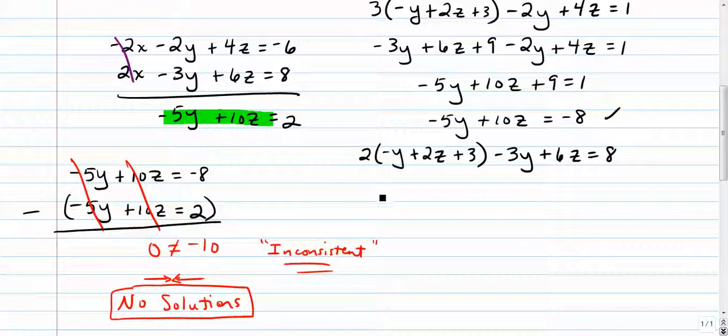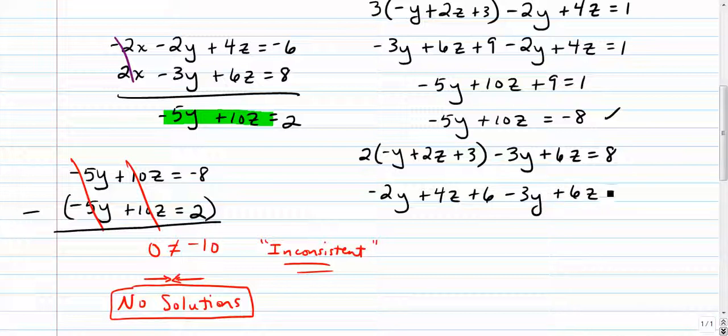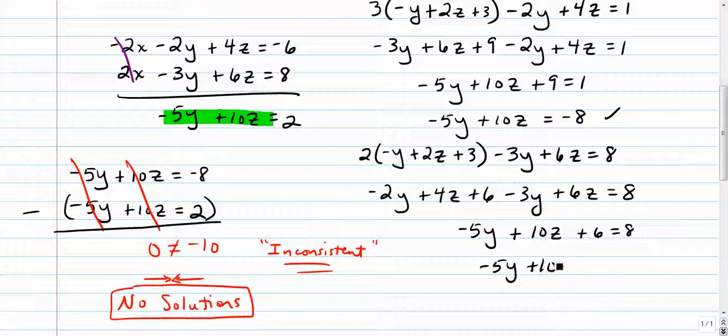Simplify. Negative 2y plus 4z plus 6 minus 3y plus 6z equals 8. Combine like terms, negative 5y plus 10z plus 6 equals 8, and get that number over there. We get negative 5y plus 10z equals 2.